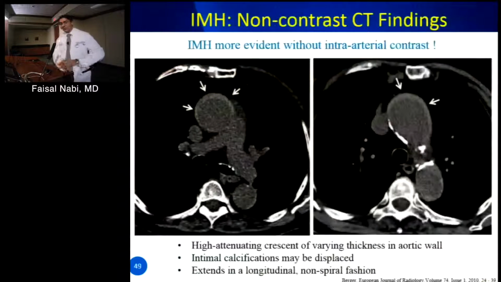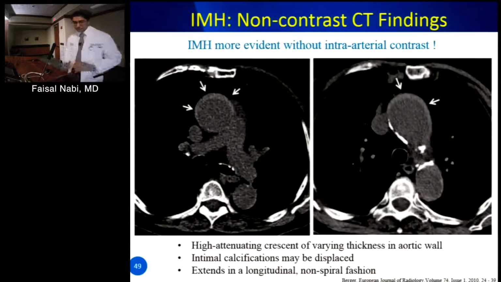When it comes to CT making the diagnosis of intramural hematoma, it's actually, again, the non-contrast CT that's very helpful. And here, because this is acute blood, this tends to be a hyper-attenuating signal, and actually appears as a crescentic shape on the outside of the wall of the aorta, which does not spiral.